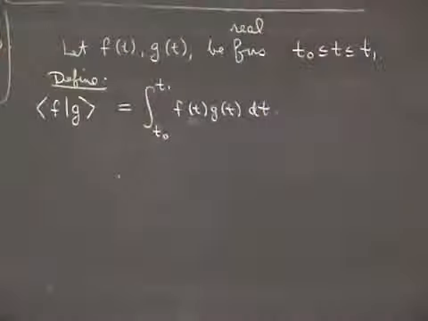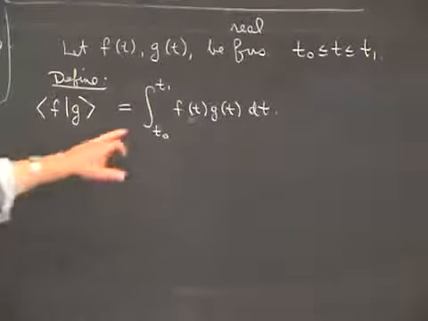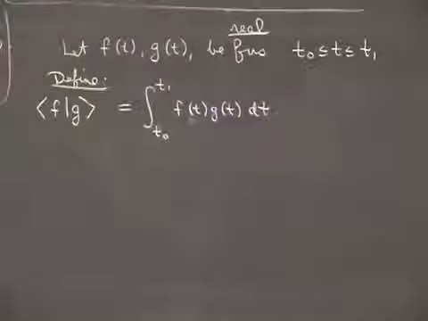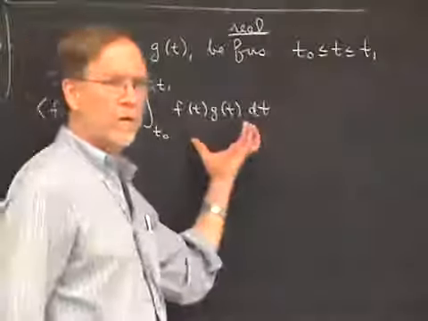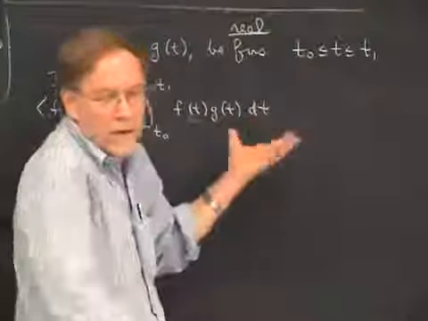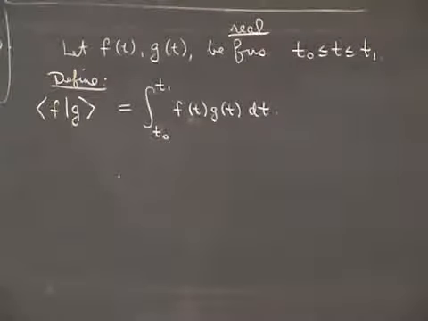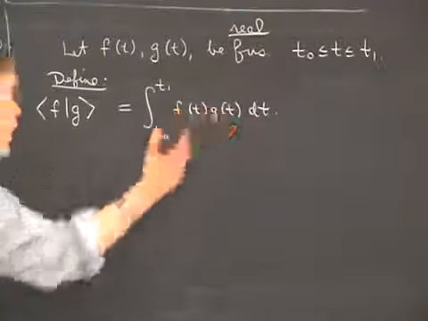It looks just like the scalar product of wave functions in quantum mechanics, except I didn't put a star on the f, and the only reason I didn't do that is that these are real functions. Another difference, of course, is that the integral is over time instead of over space, and this is a classical problem here, but it formally looks like a scalar product in quantum mechanics. In fact, it defines a Hilbert space of functions of time.